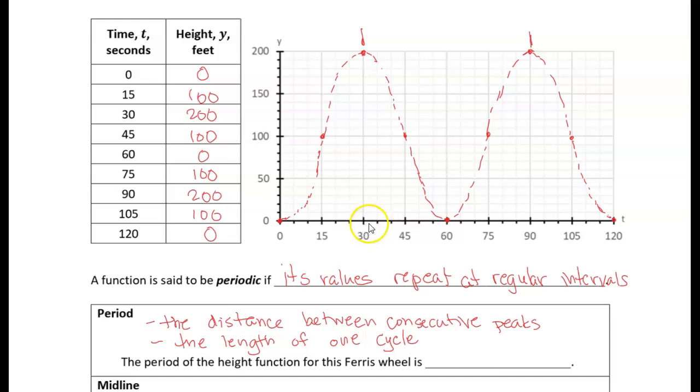It's between 30 and 90 seconds, so it appears that the period of this function is 60 seconds. We could have measured the distance between these valleys too. Here's another. This is 60 seconds. So you can see that after 60 seconds, we're back to where we started, and we're just going to continue the pattern over again. So in this particular example, the period is 60 seconds.